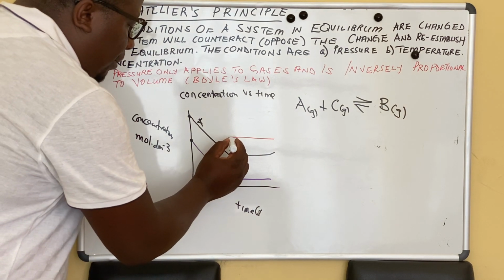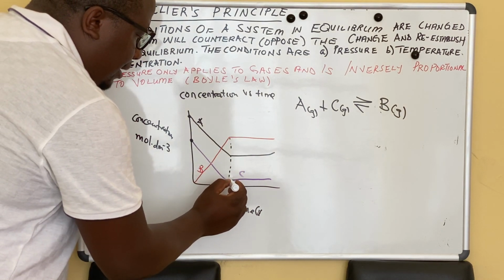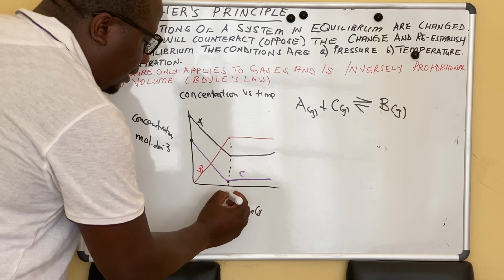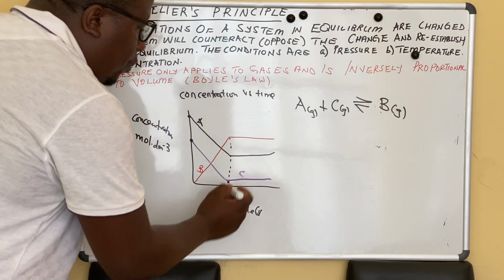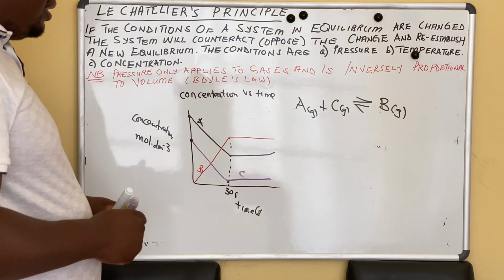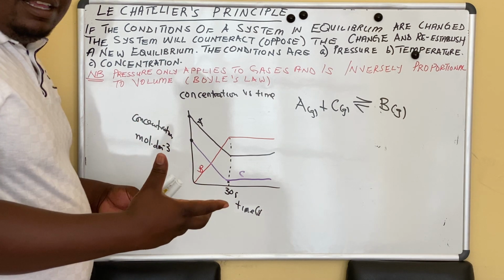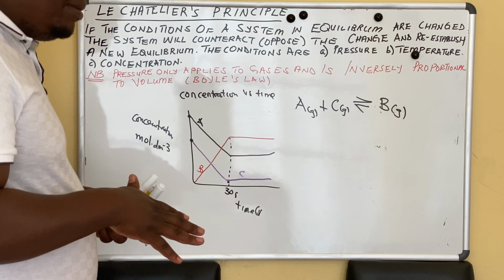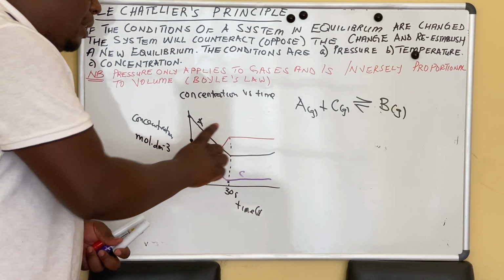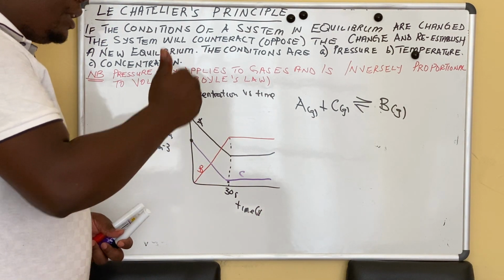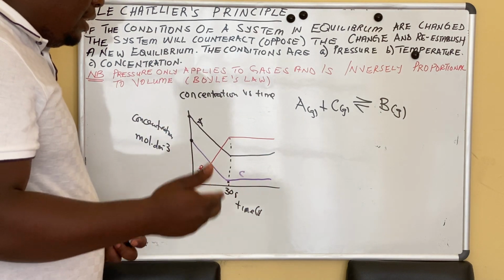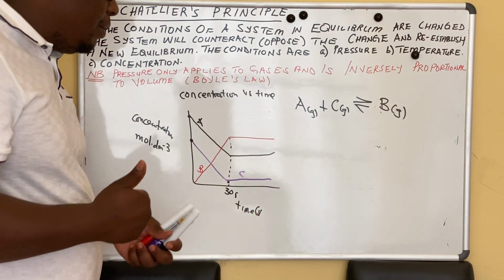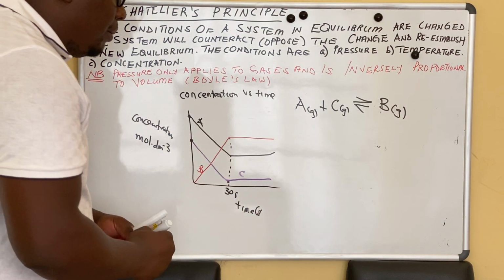Then we reach a point here. Let's assume, for argument's sake, this is 30 seconds, where the system reaches dynamic equilibrium. Remember, dynamic equilibrium is the situation whereby the rate of the forward reaction is equal to the rate of the backward reaction.